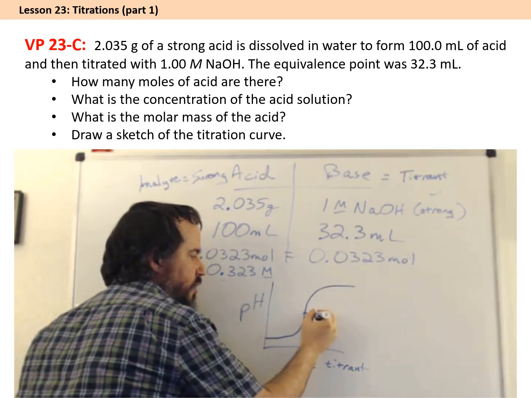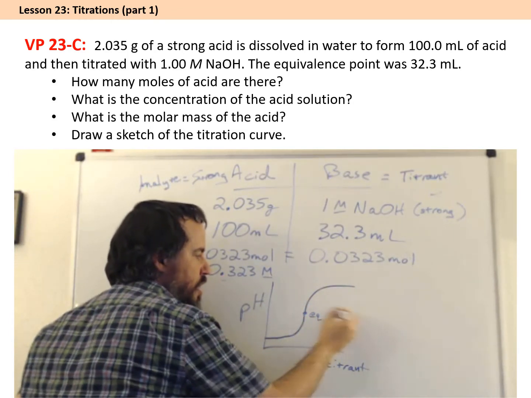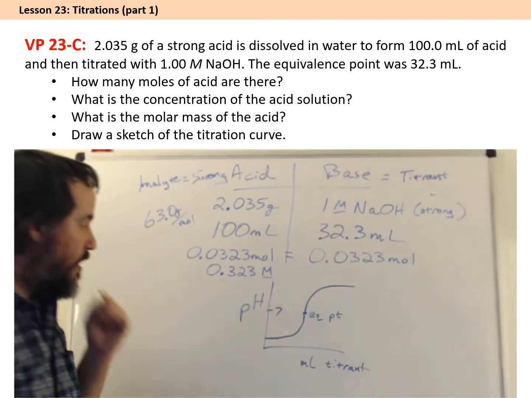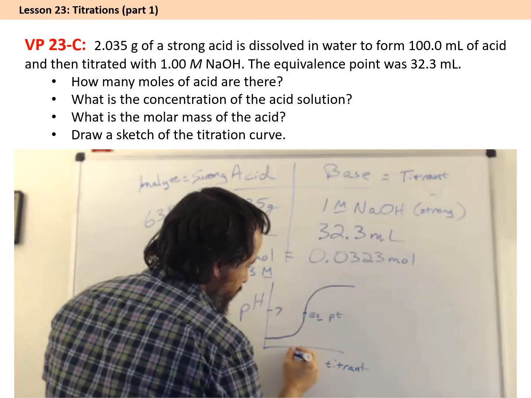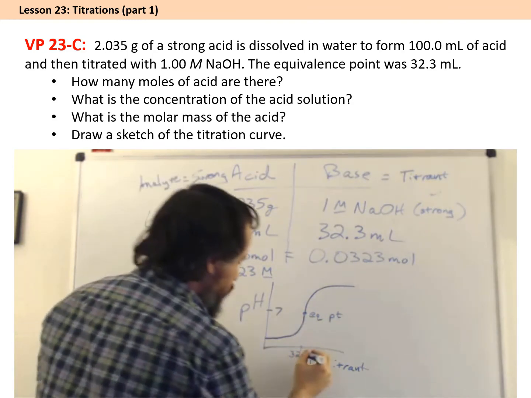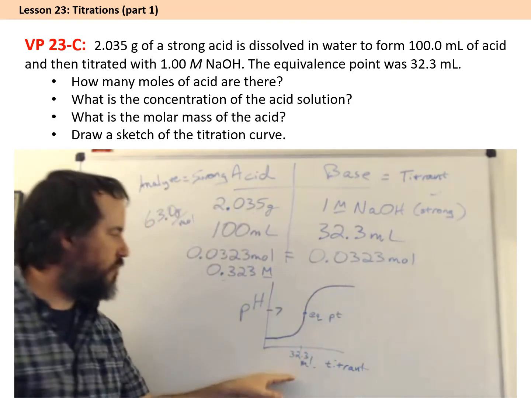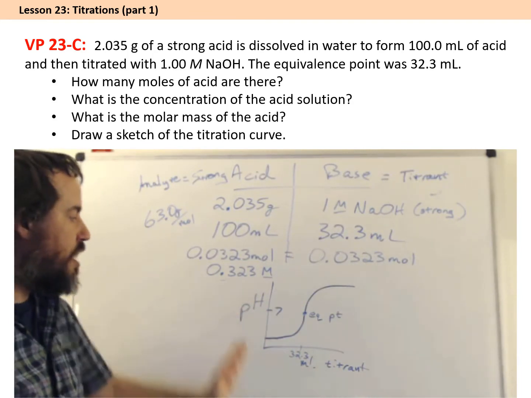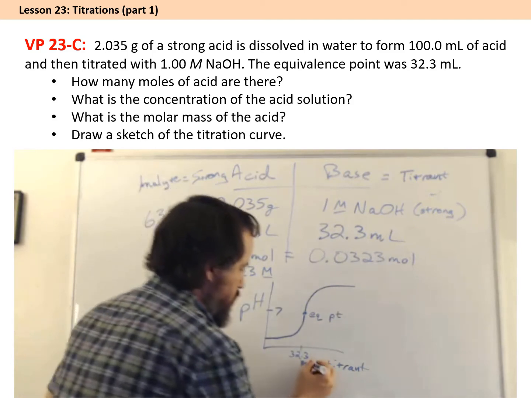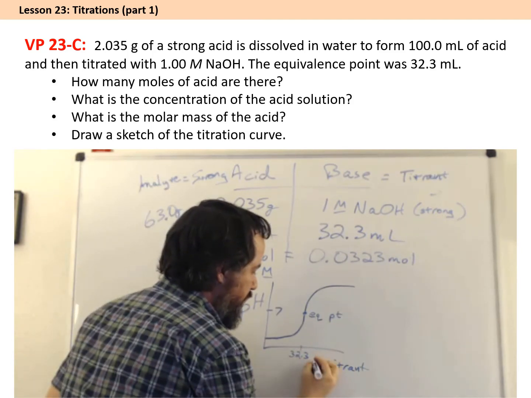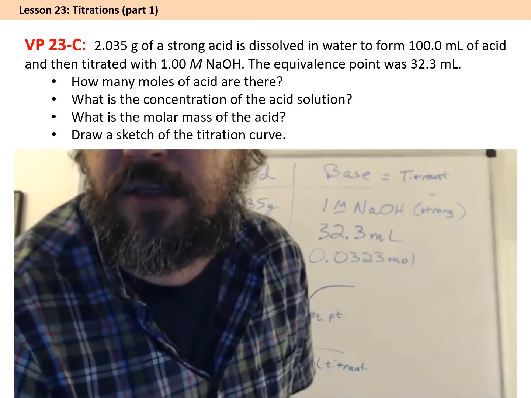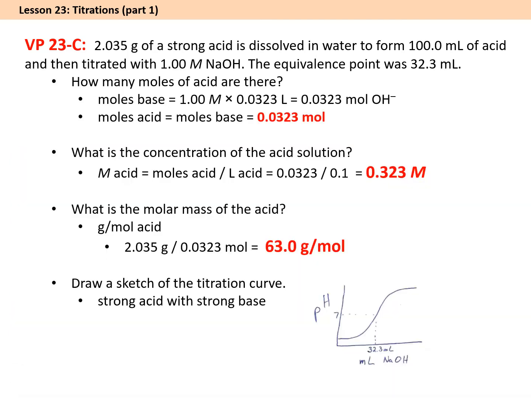And it's going to increase very fast near here. This is the equivalence point. And the equivalence point is going to be at exactly 7. Okay? And this point down here, 32.3 mLs, that's where my equivalence point is. pH 7 and 32.3 mLs titrant. Okay? All right. So here it is on the table, right?